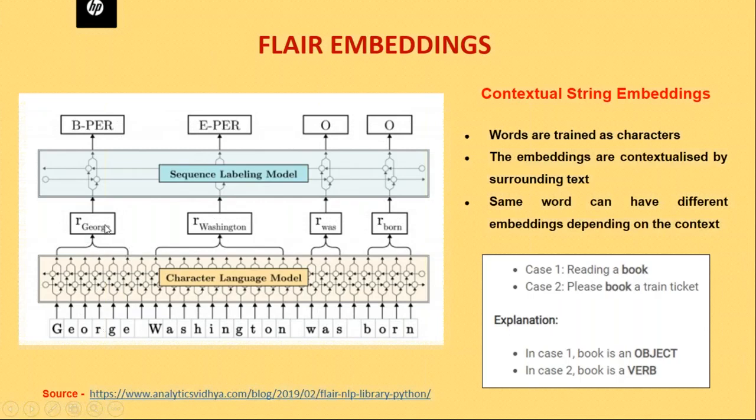Once you get the character level embeddings, you are dealing with the downstream task. Suppose it might be a sentiment classification problem, or as it is represented over here, it is NER. So the embeddings are contextualized by surrounding text. The same word can have different embeddings depending on the context.